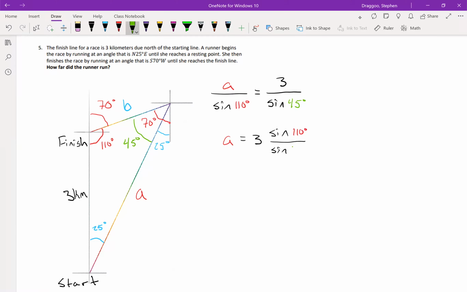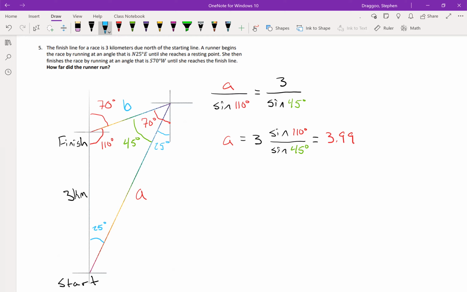Punching that into a calculator, you should come up with 3.99. Since A is just an intermediate answer, I'm going to round to a couple of extra decimal places so that I can make sure that my final answer is the most accurate.